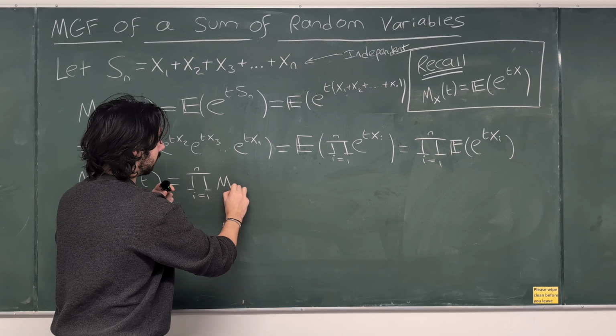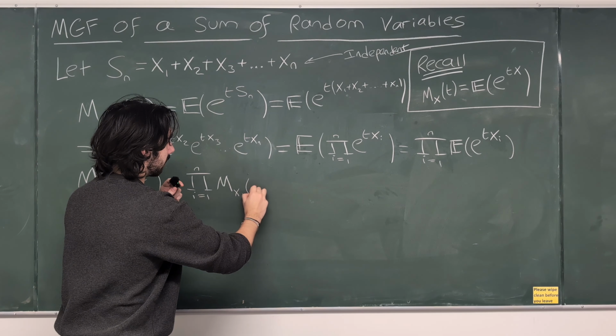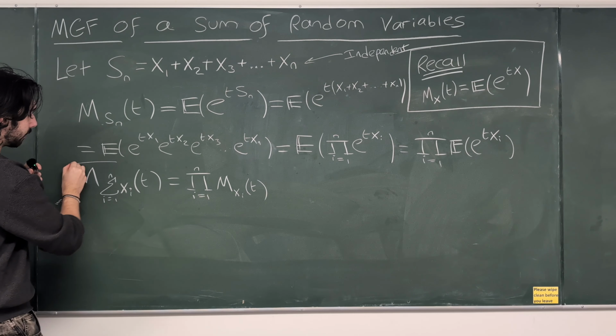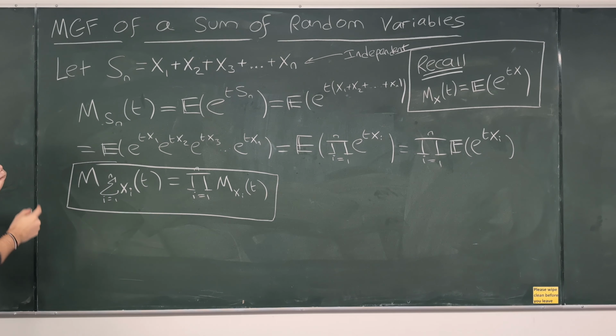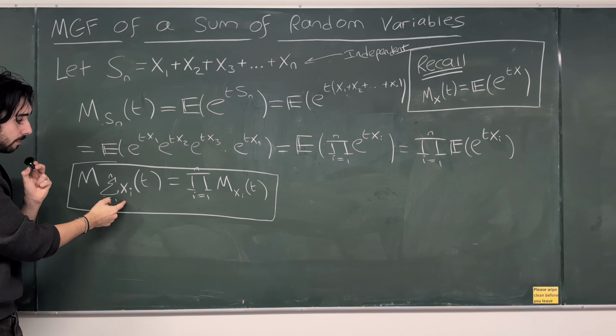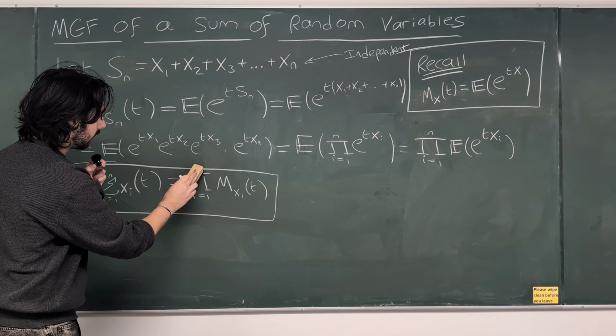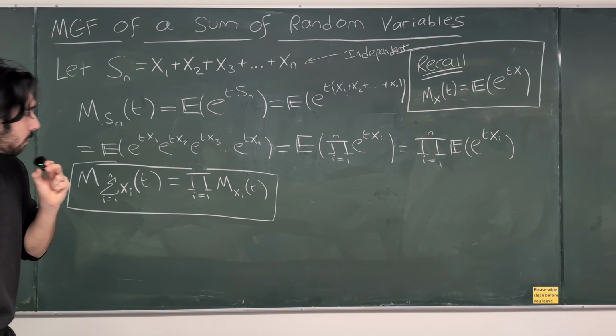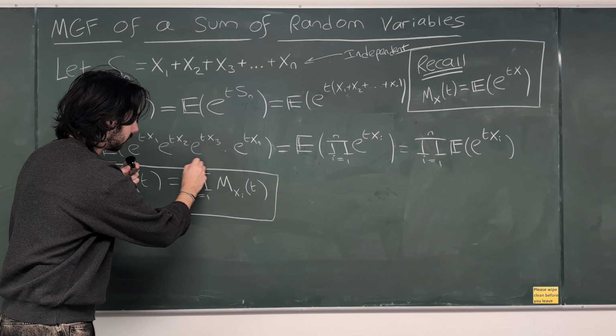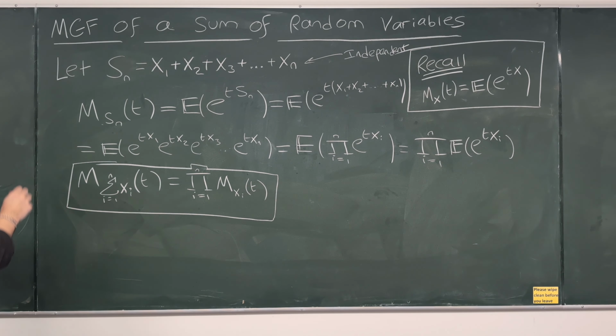So this is just M_xi of t. So we have this very nice result here that the moment generating function of a sum is the product of the moment generating functions. That's our very nice looking result.